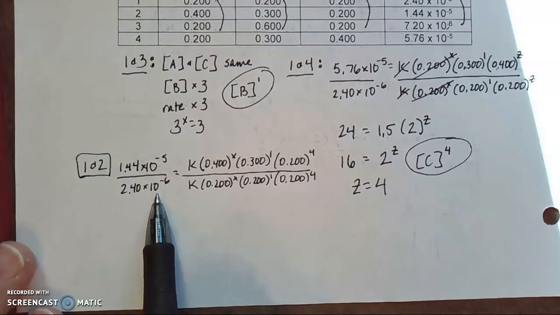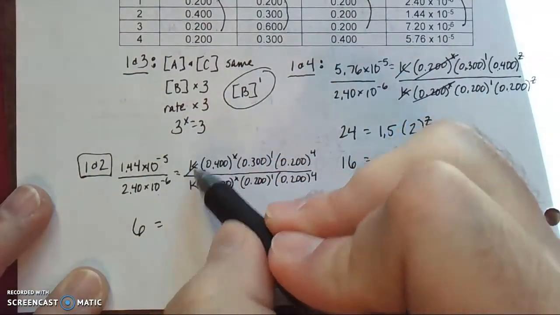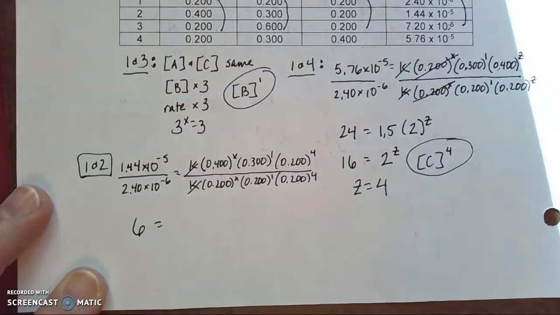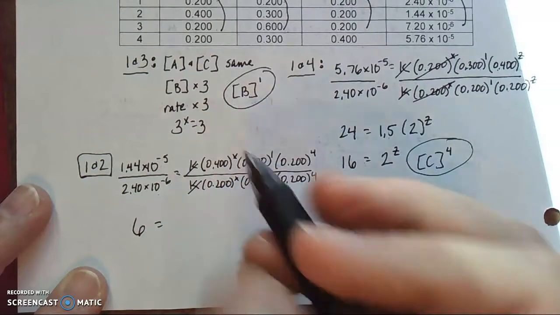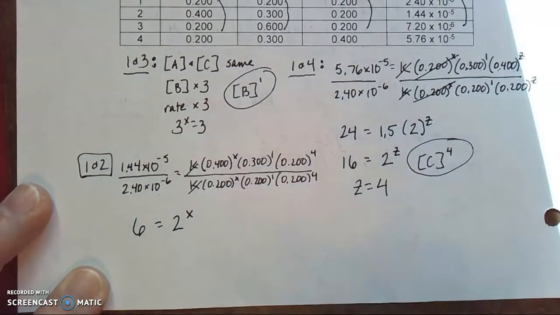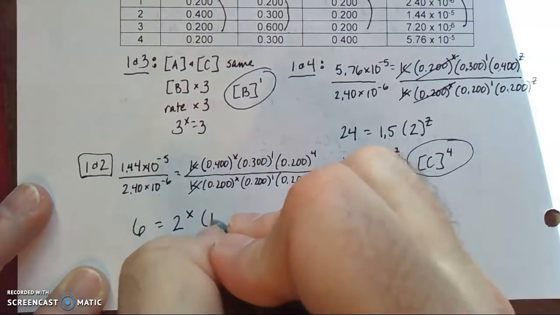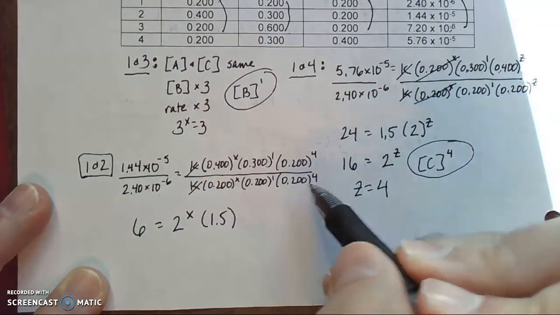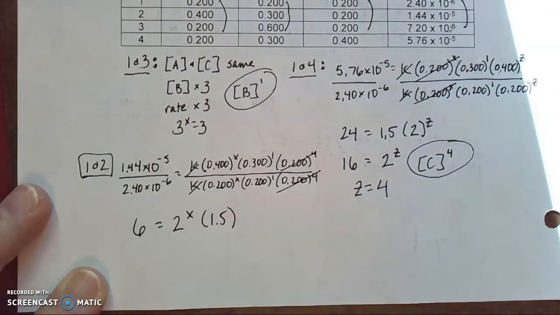And if we look at this, we end up with 6 is equal to, our K values cross out, 0.4x divided by 0.2x is 2 to the x. 0.3 to the first over 0.2 to the first is 1.5. And then 0.2 to the fourth over 0.2 to the fourth, that cancels out.